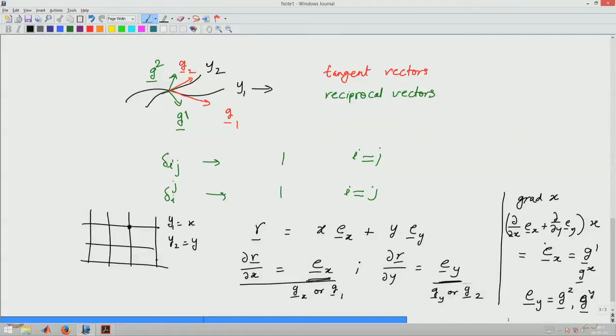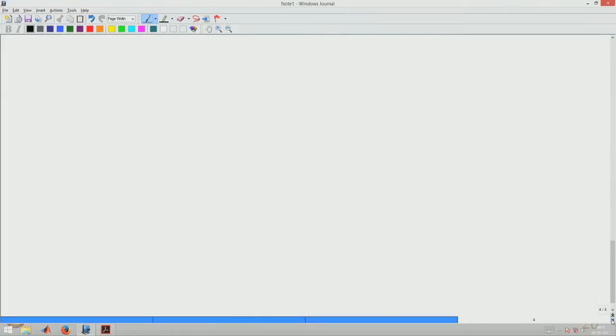Now, we can look at the same example for a cylindrical coordinate system. So, in case of a cylindrical coordinate, we have any arbitrary point being defined as r theta and z.